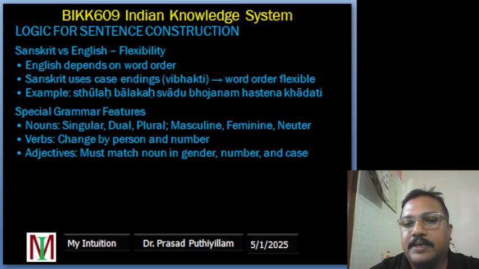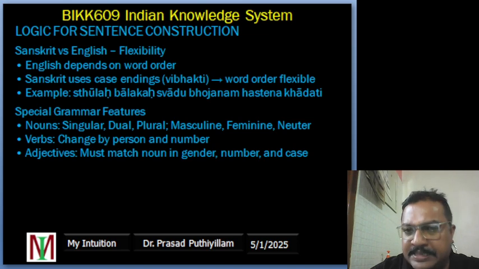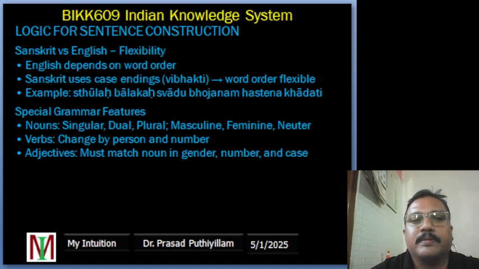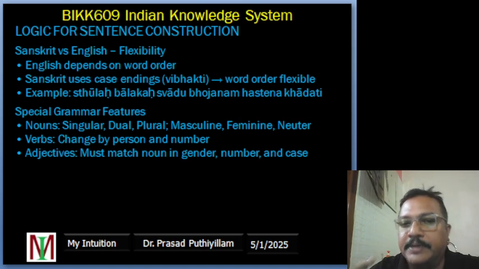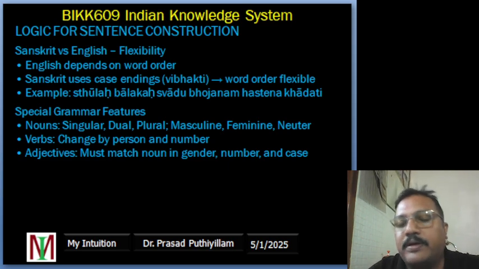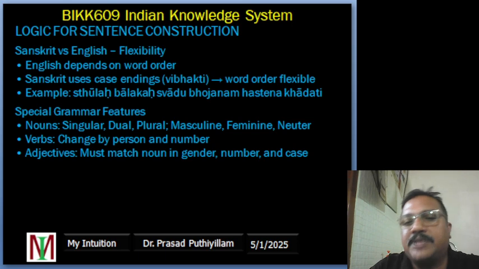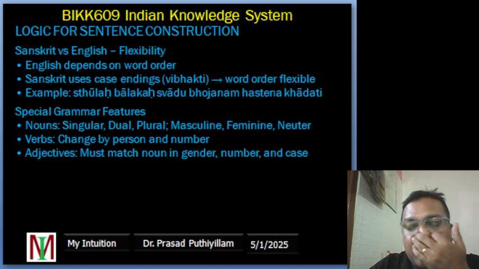A correct sentence: the fat boy eats the tasty food with the hand. But if you change the order, say, eats the hand boy tasty the with food fat, it becomes nonsense.